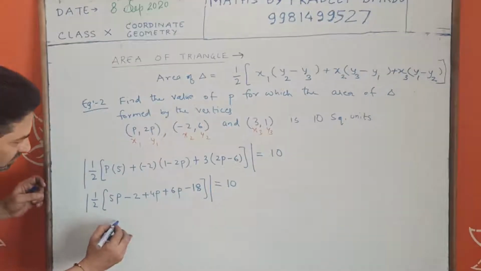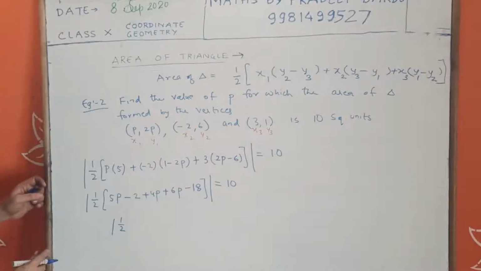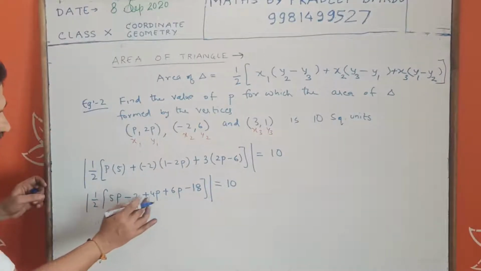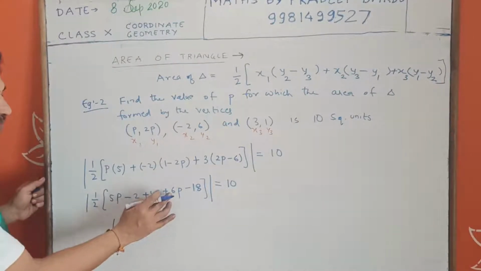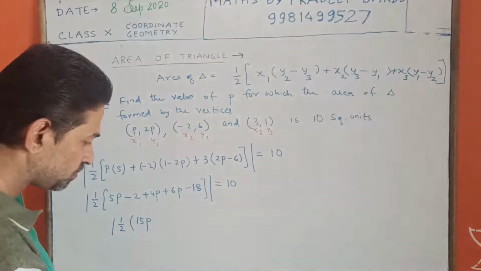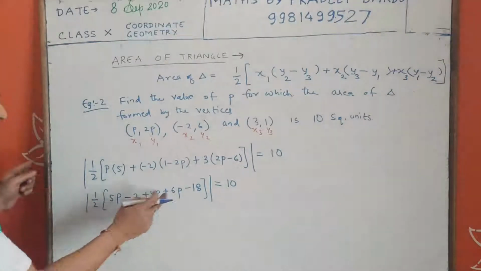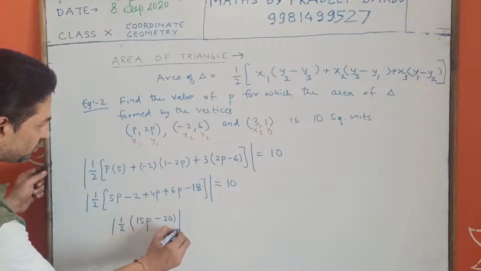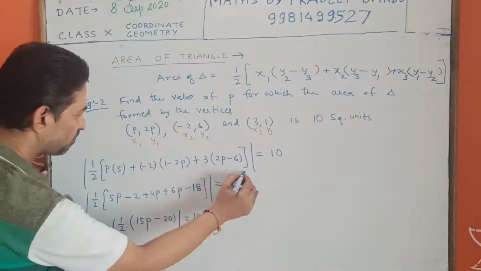So this is absolute value of half, 5p plus 4p is 9p, plus 6p is 15p, minus 2 minus 18 is minus 20, equal to 10.